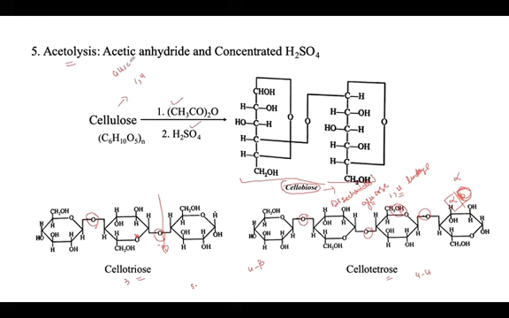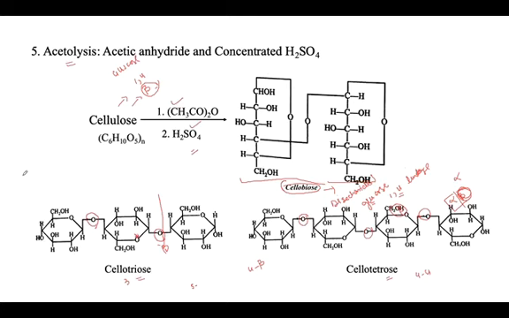D-glucose molecules are present, and we also know that these linkages are beta in nature, because of the cellobiose, cellotriose, cellotetraose, and cellopentaose which we have obtained from the hydrolysis, using simultaneous acetylation and hydrolysis with H2SO4. So the structure of cellulose is confirmed.